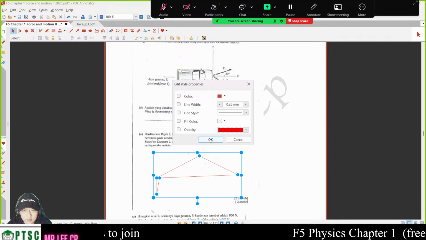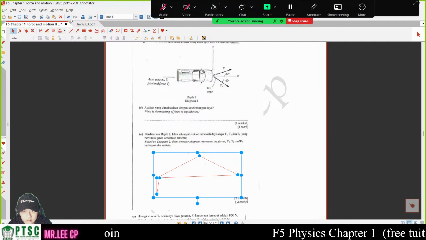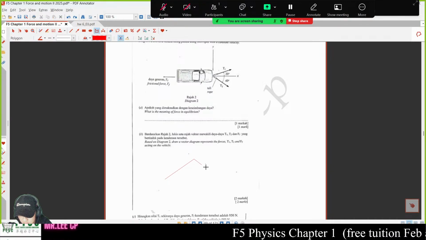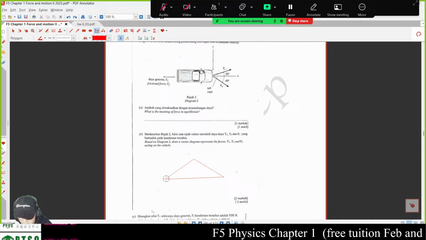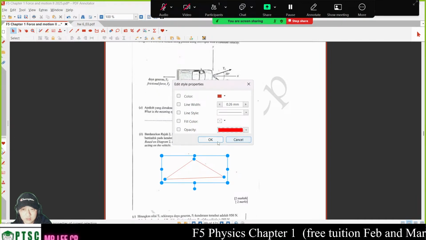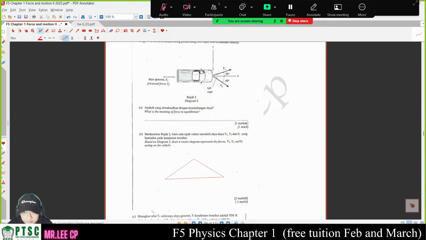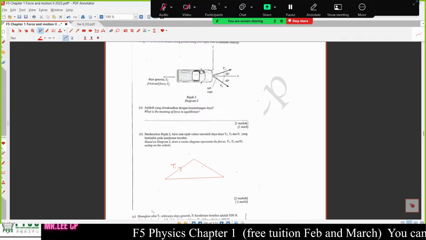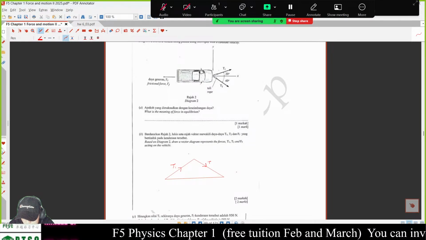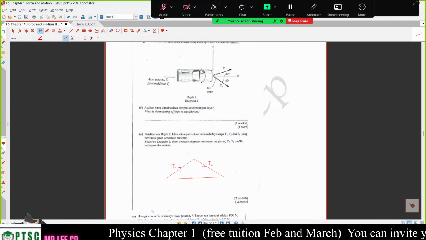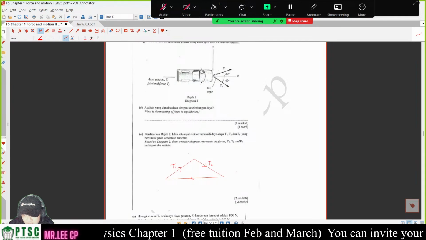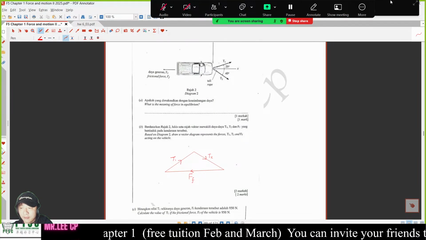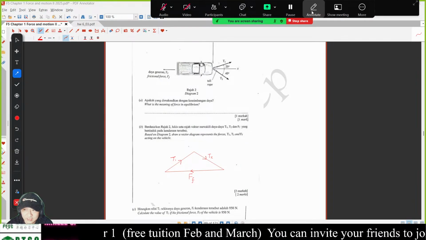Wait, one more time. T1, T2, and FF. So the direction, put it in: T1 and then T2, and then this direction here, FF, frictional force.